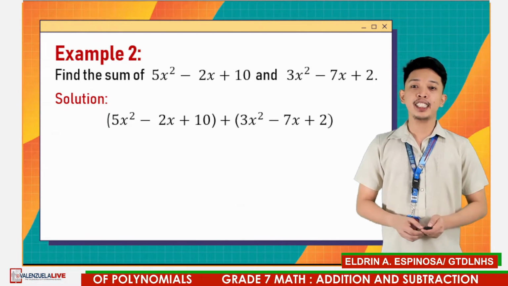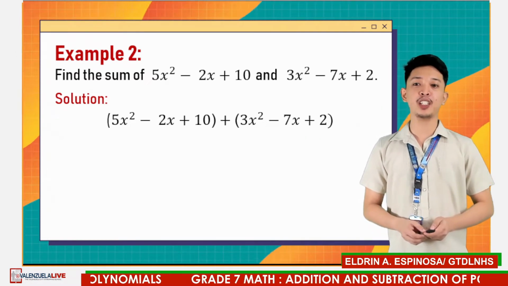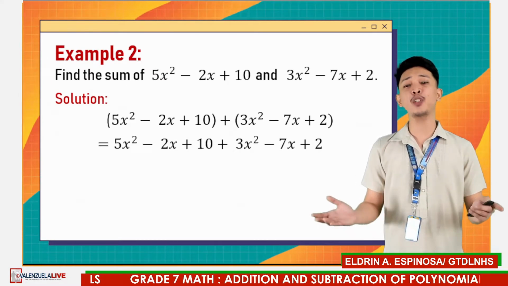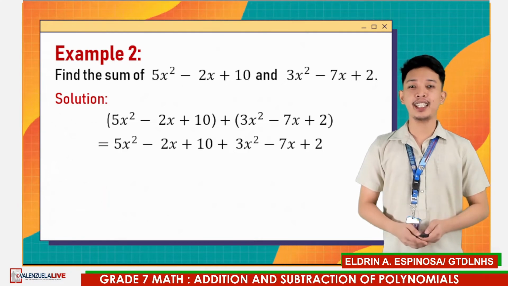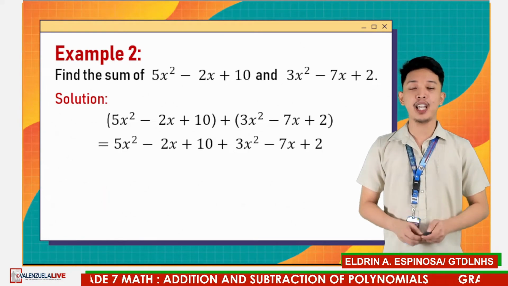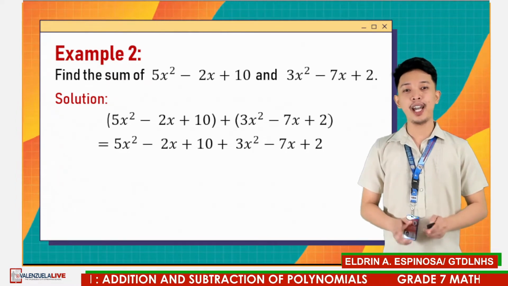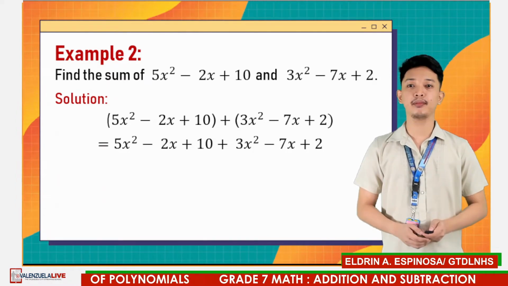But again, since we have the addition as the operation, we can simply remove the parentheses, and nothing will change. We can rewrite it as 5x squared minus 2x plus 10 plus 3x squared minus 7x plus 2.